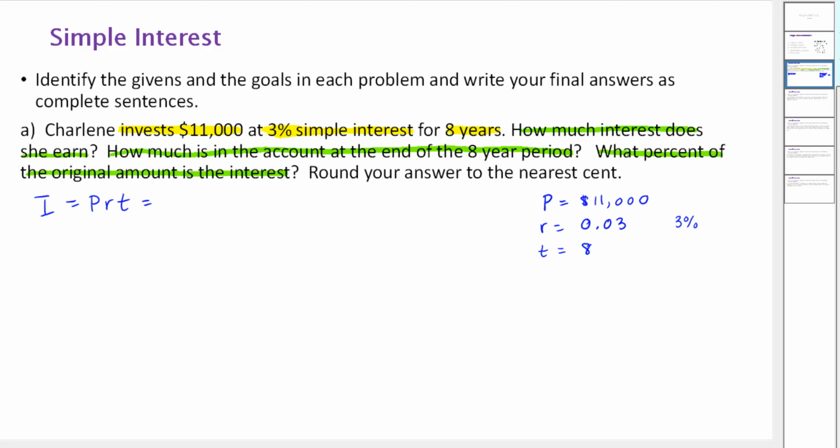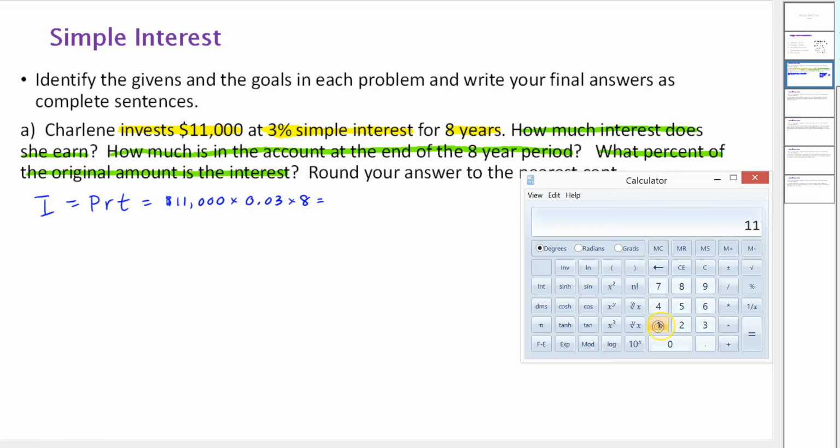So we have all 3 of these, so $11,000 times 0.03 times 8. So let's put this in the calculator. 11,000 times 0.03 times 8 is $2,640.